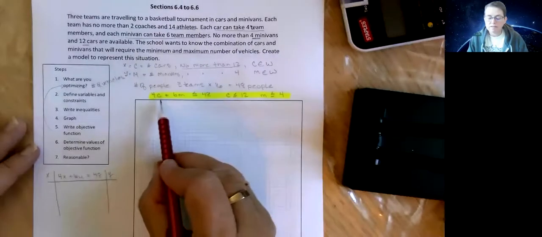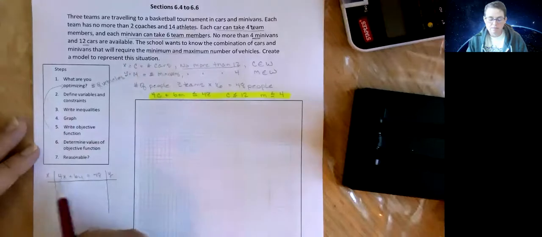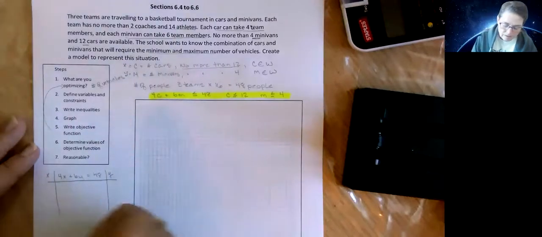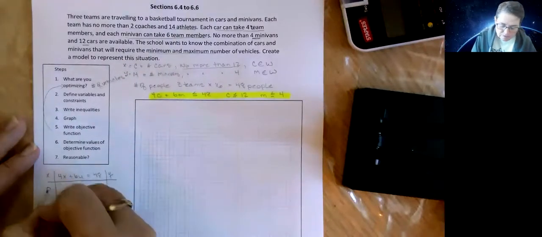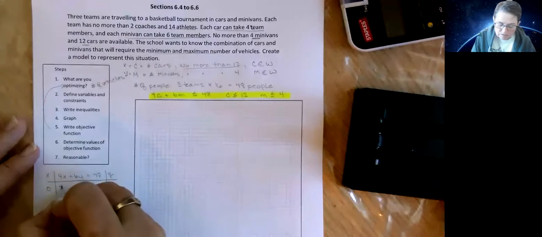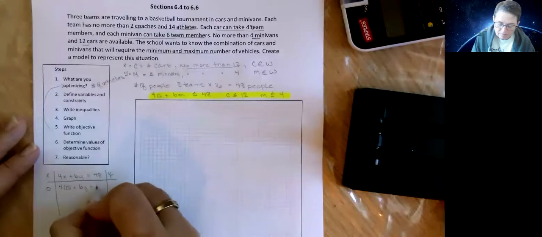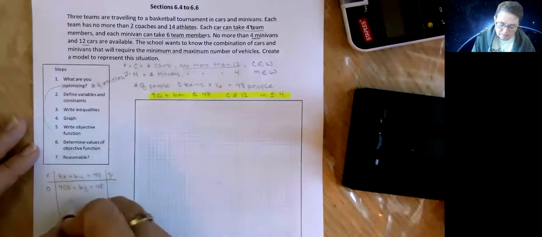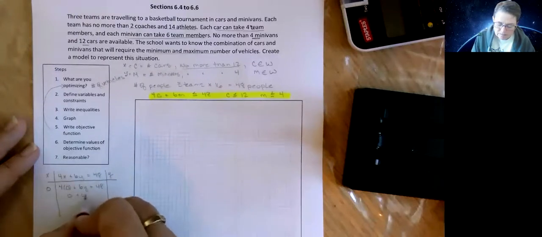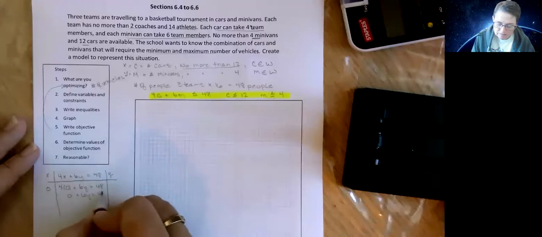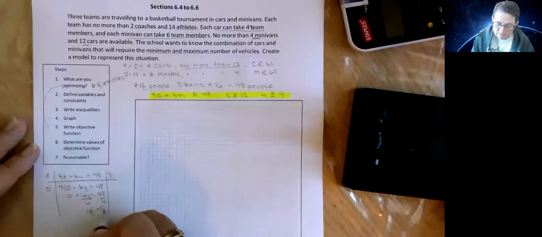Right, so I took this and I just switched the c and m to an x and a y. Let x be 0: 4 times 0 plus 6y is 48. 0 plus 6y is 48. Divided by 6, divided by 6. Y is equal to 8.